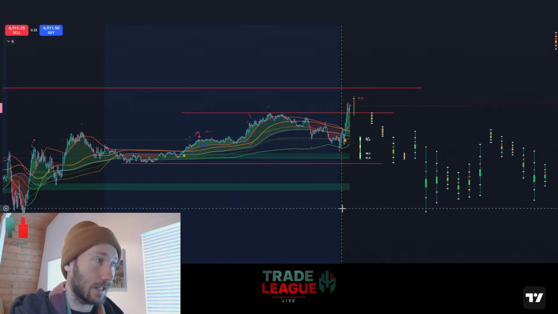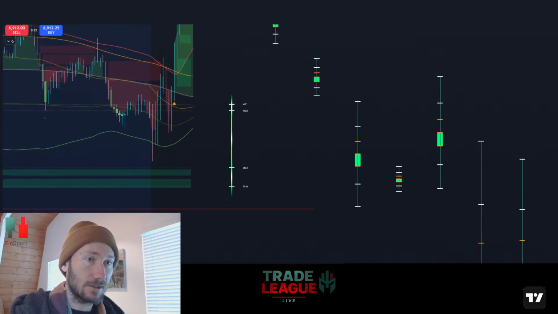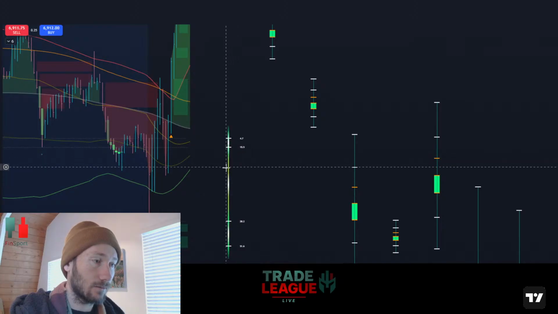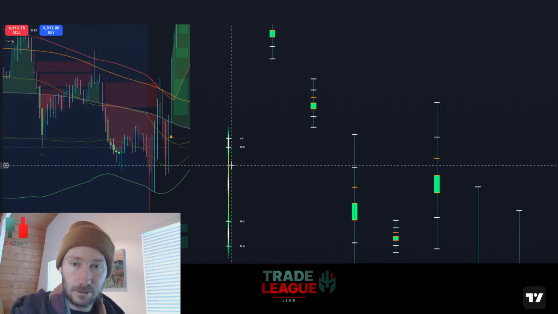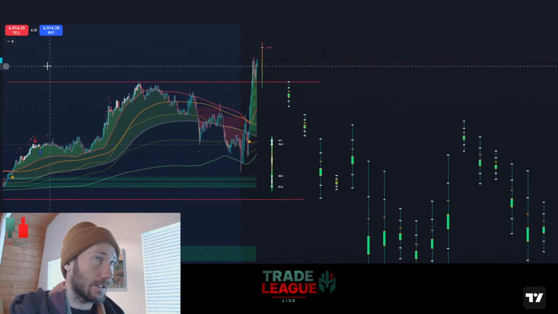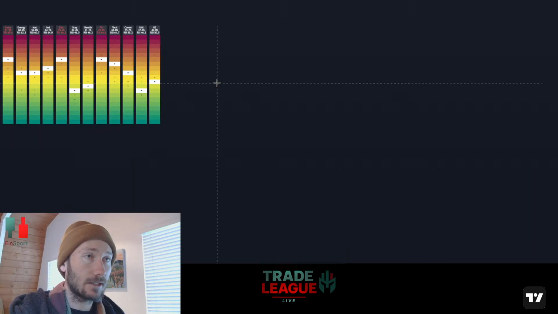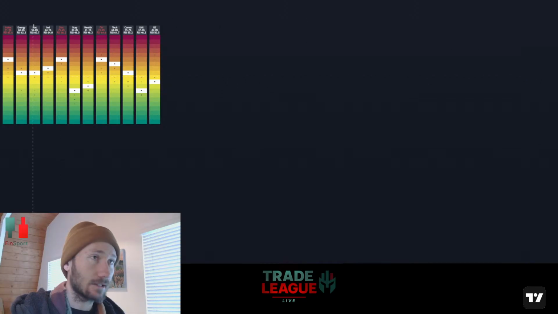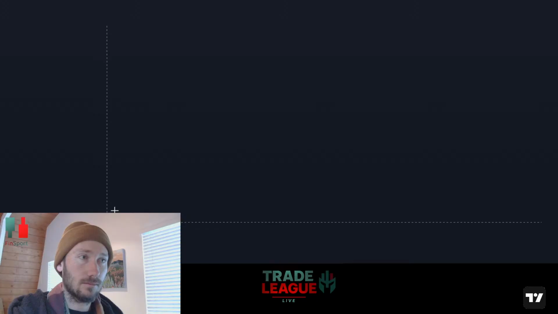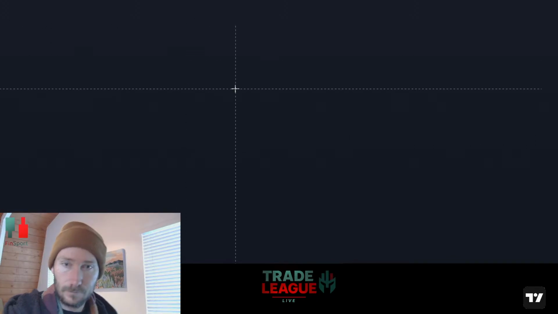And then on top of that, I have this POC thermometer, which is basically all the highest concentrations of volume. So I've nerded out on that this week. Okay, this is also something that I do, look at the overall market heat map.